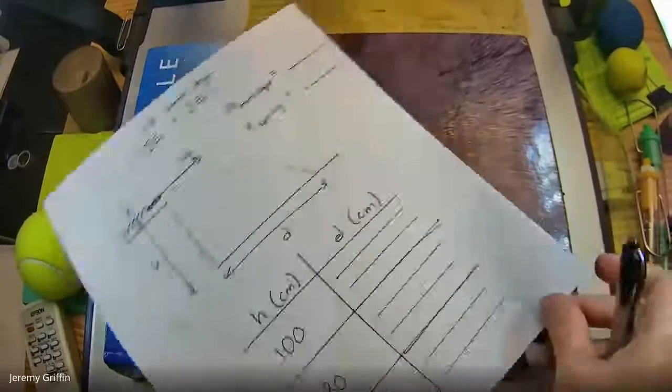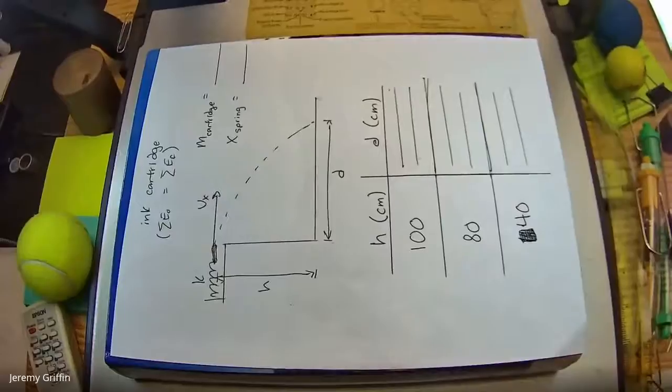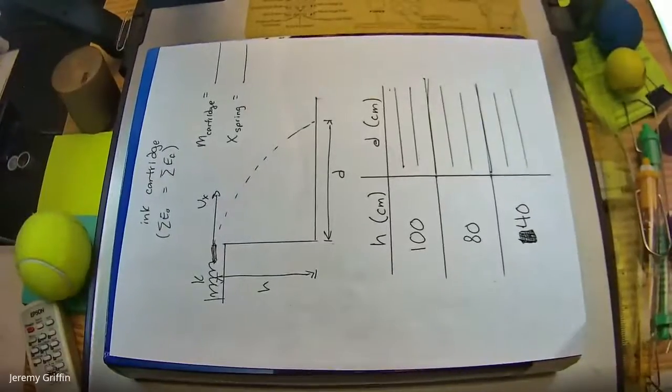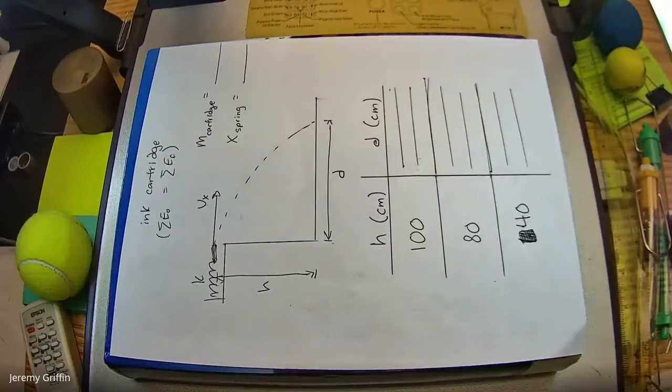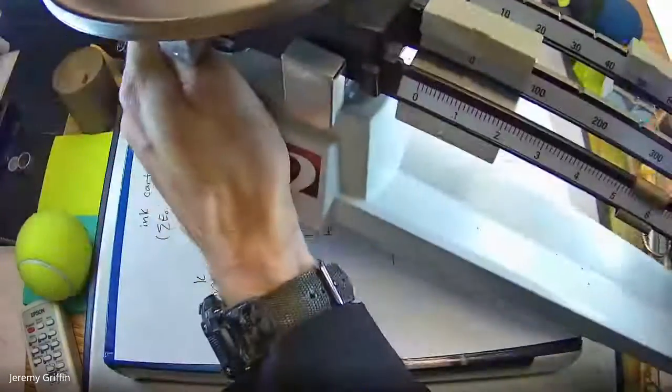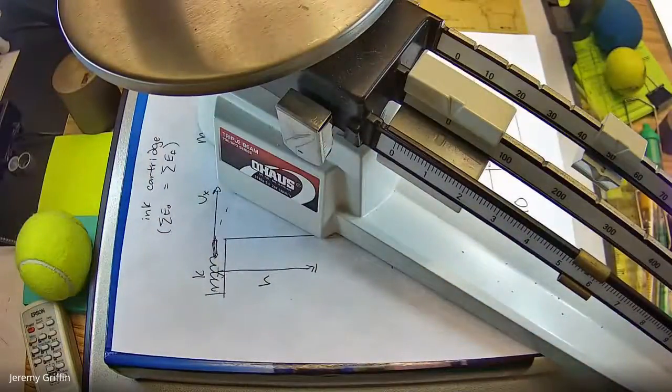Turn the sideways so it fits in the screen. Pull this balance over here, triple beam balance, so I can get the mass of this cartridge.